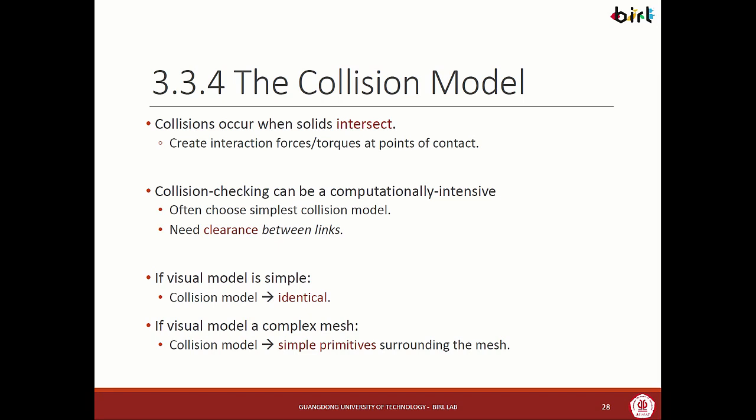Now, something you need to know is that collision checking can be a computationally expensive process. Very expensive. Because actually, the system needs to check collisions between all the links of the robot. Between this and this, this and this, and everything.